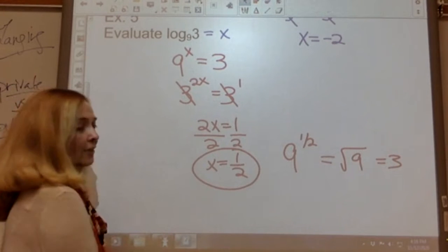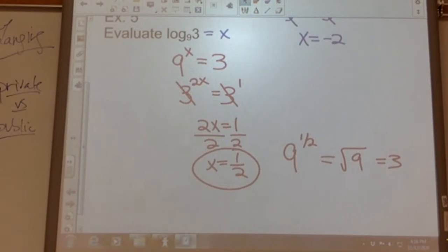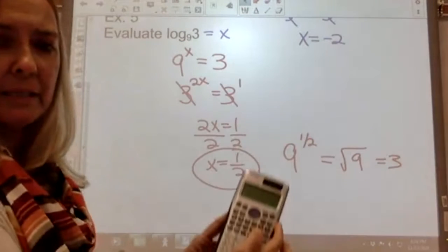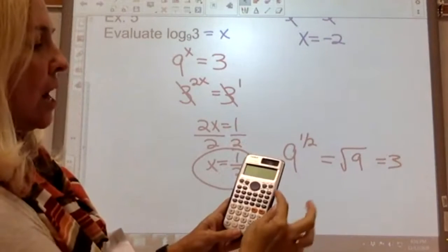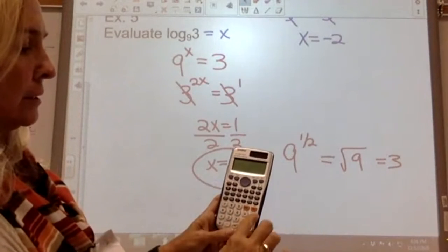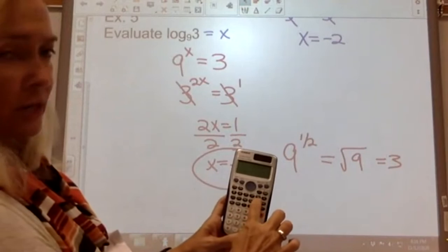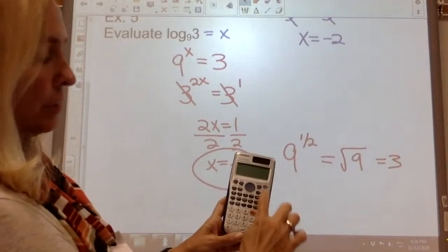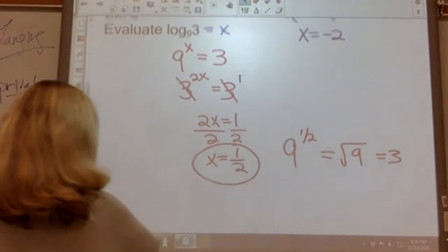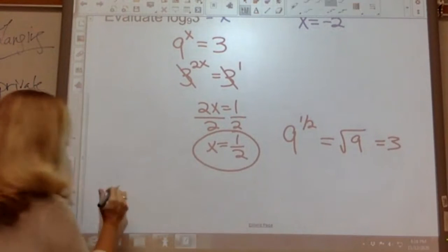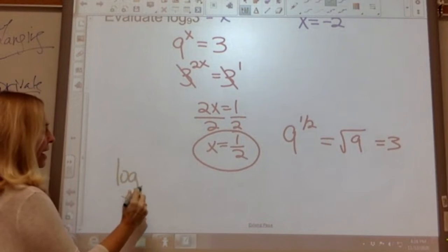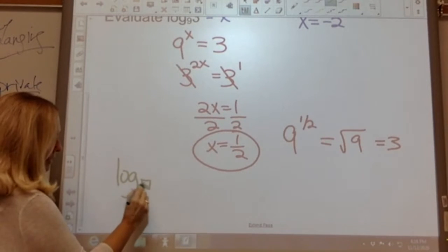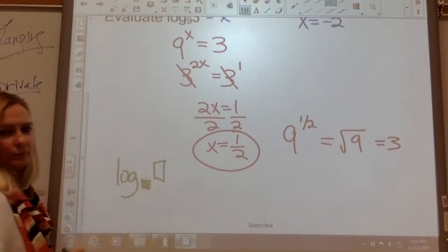Okay? Now, there is a button. All right. On the Casio, and I don't know if you can see this if I get this close or not, but basically on the Casio you have 2 buttons. You have a log button here, it says LOG, and then you have another button here that says LOG, but this LOG has a box here, which is filled in like this, and then it has a box here, a rectangle.